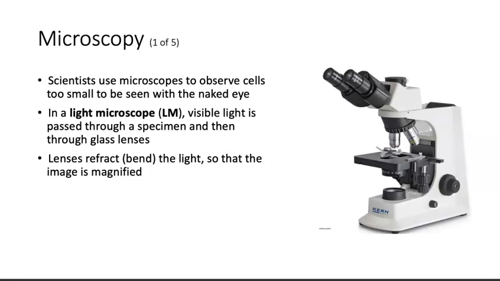Light microscopes work when visible light, like sunlight, passes through a specimen and then through the lenses, and then that light is bent and magnified, and it allows us to see things that we couldn't otherwise see. These are the objective lenses, and these are the ocular lenses. The light starts here, passes up, is bent through this lens, passes through this lens, and then reaches your eye.